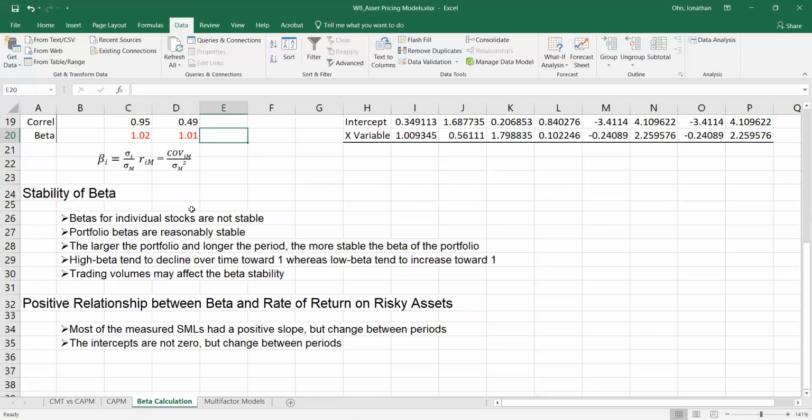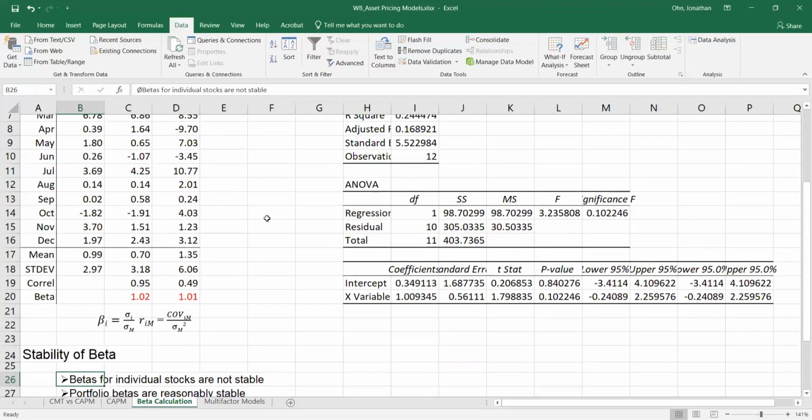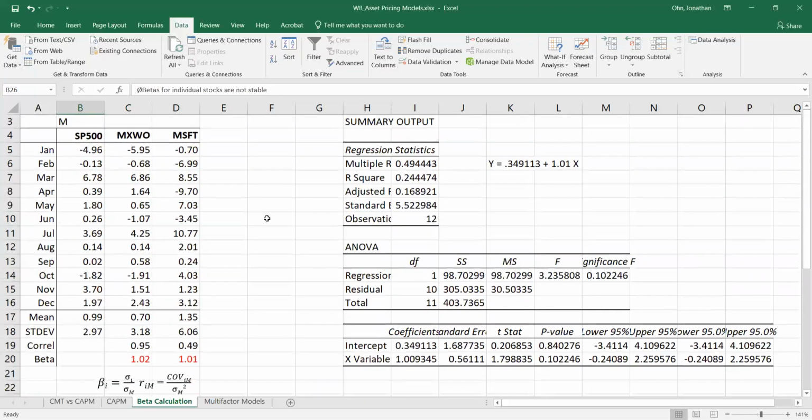And the stability of beta. There is a lot of discussion on beta. First, betas for individual stocks are not stable from time to time, or depending on the proxy for the market portfolio. We use the S&P 500. That's the most widely used proxy for the market portfolio. I use it in all my research.